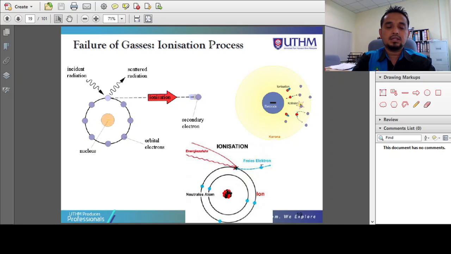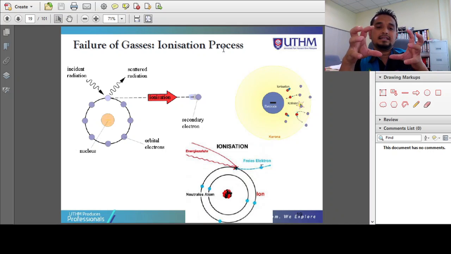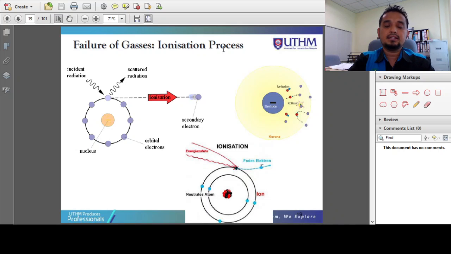That is what we call the ionization process. The ionization process is the initiation, the first step before the breakdown occurs in the dielectric material.